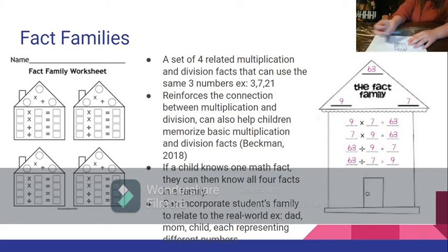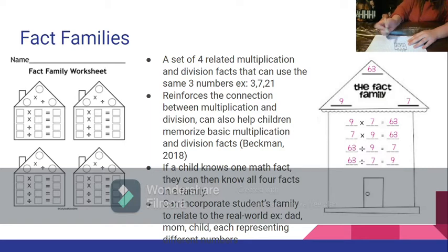So first we will start with 3 times 7, which equals 21. Okay, so now we can reverse the numbers so that what equals 21? 7 times 3.